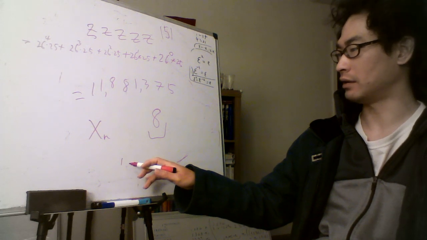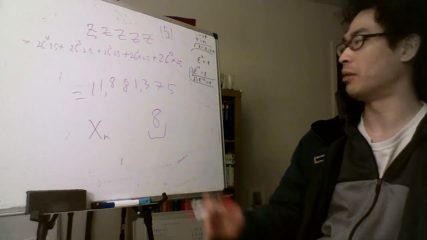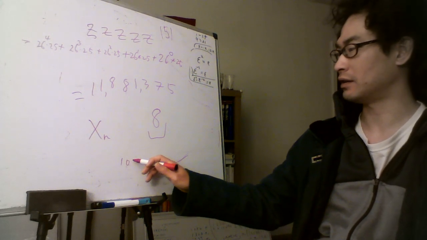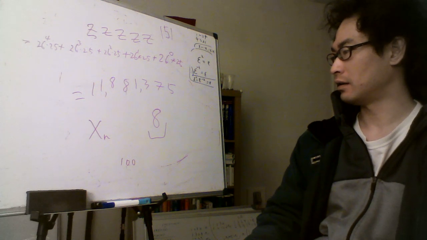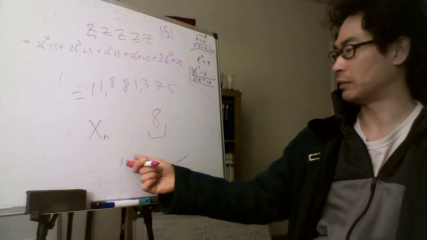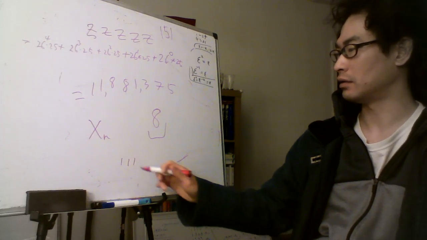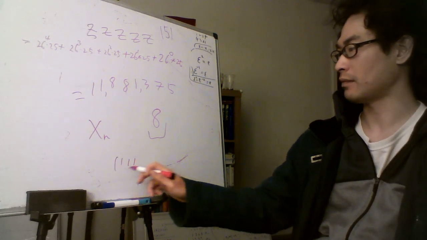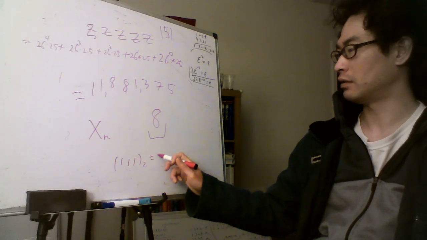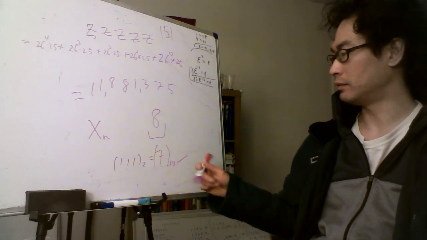Number nine. How about number 15? How about number eight? Okay, number eight. I'm sorry. Number seven. 1 plus 2 plus 4. Okay, number 7. Base 10.